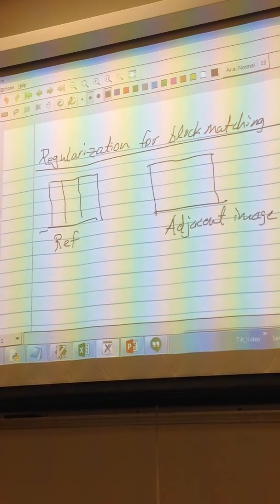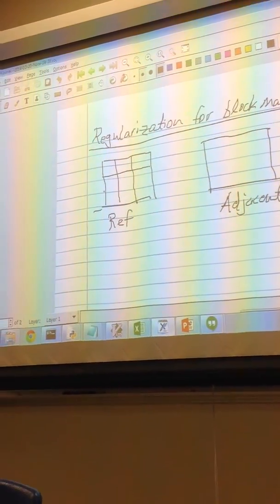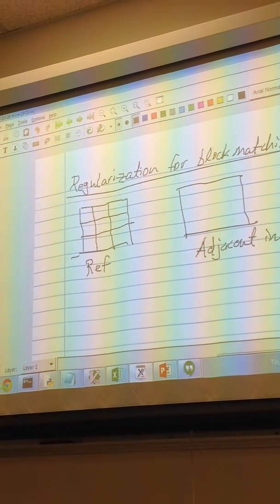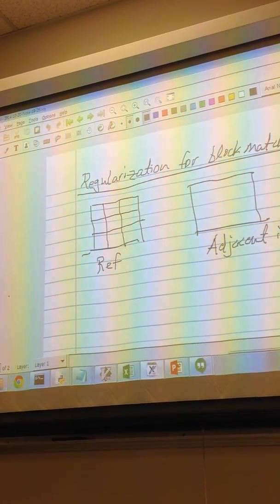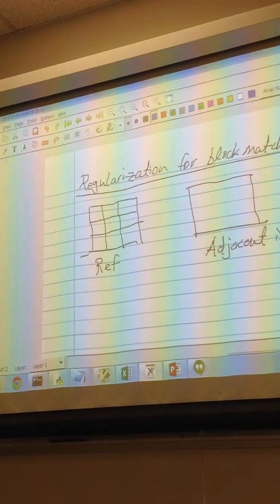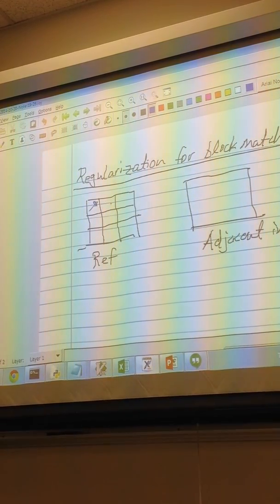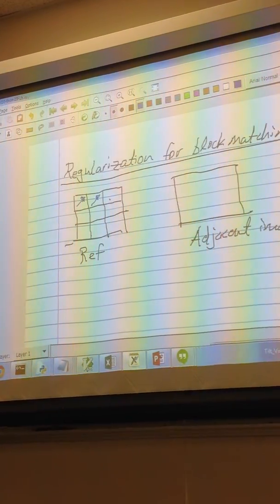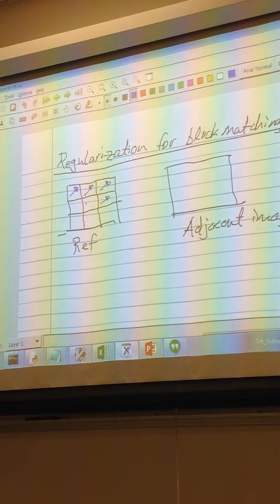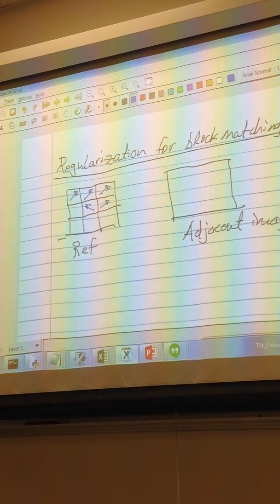For the reference image, I'm going to divide it into blocks. After I go through the block matching step, for each one of these blocks I have a motion vector. I'm going to put most of them going in the same direction, and I'm going to have one that's messed up.